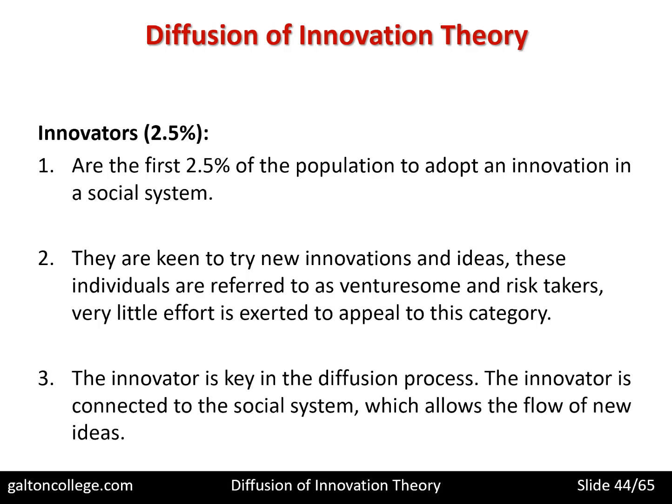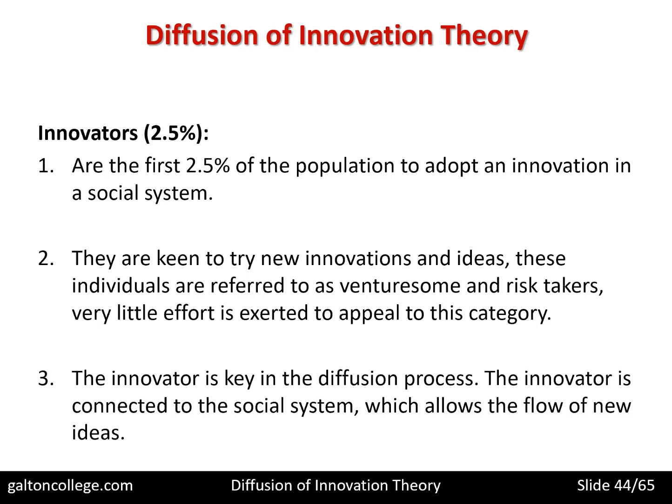The innovator is key in the diffusion process. The innovator is connected to the social system, which allows the flow of new ideas. So getting this small proportion of the population, the ones who really love new ideas, to adopt it, it will spread out from there. Their friends and their friends' friends will start to see it in use.